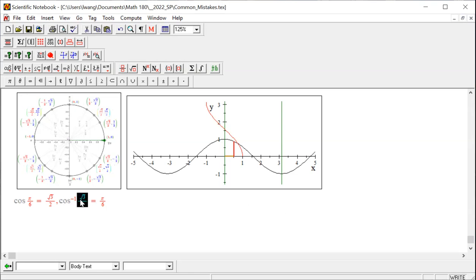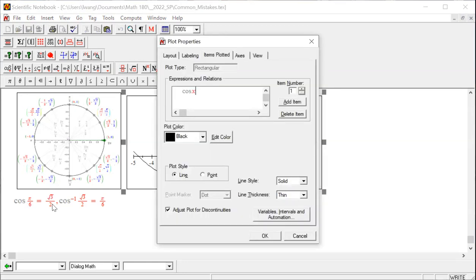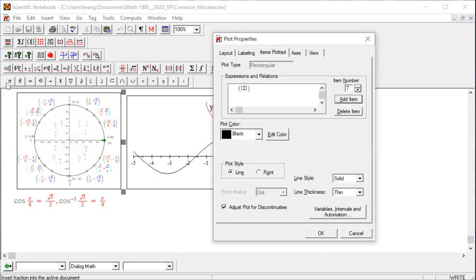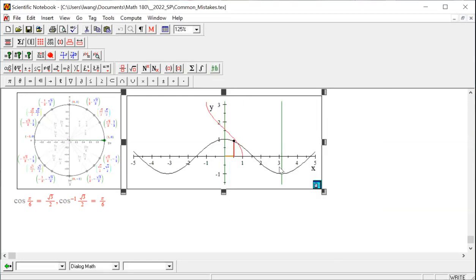So this is the input and that's the output on the red. So this dot, pi over 6 and root 3 over 2, is on the cosine curve.